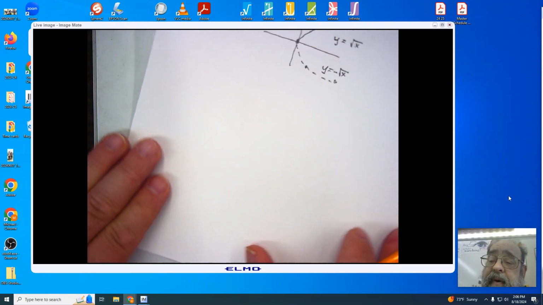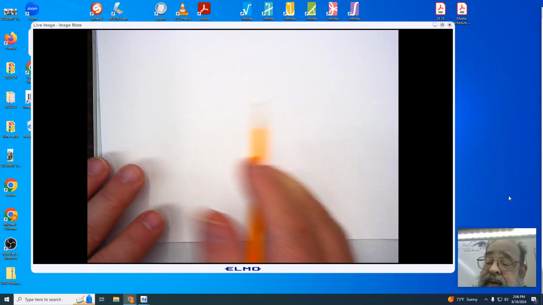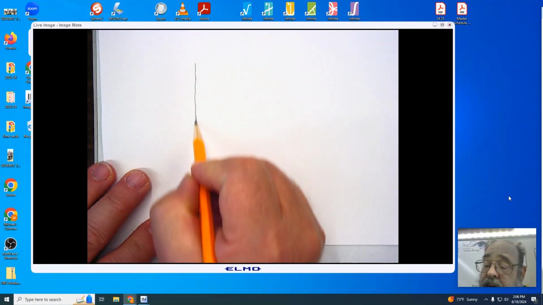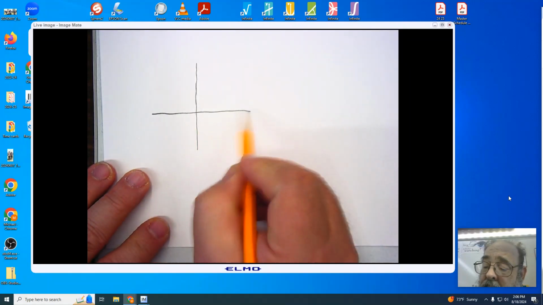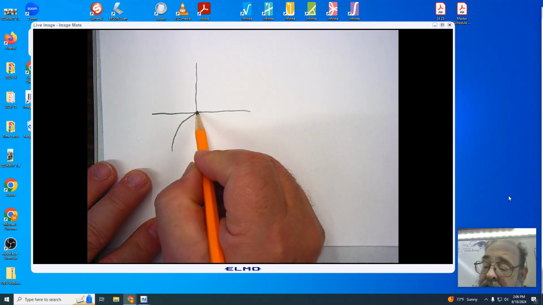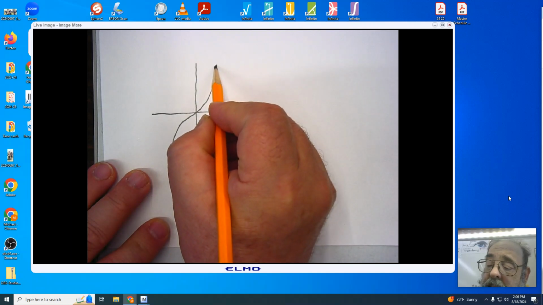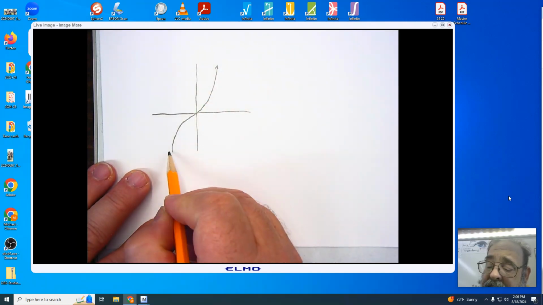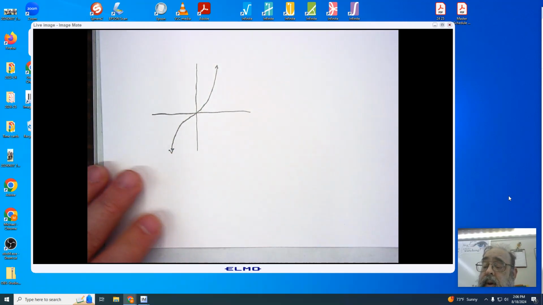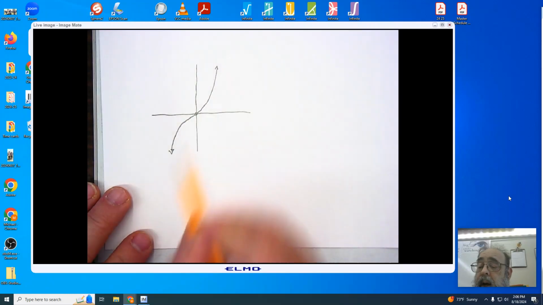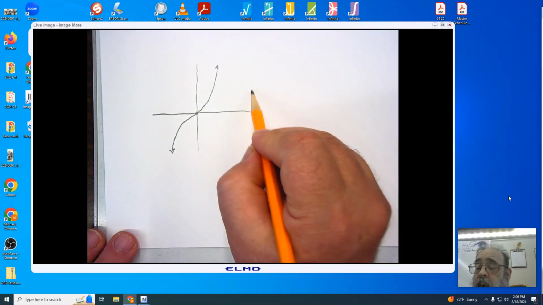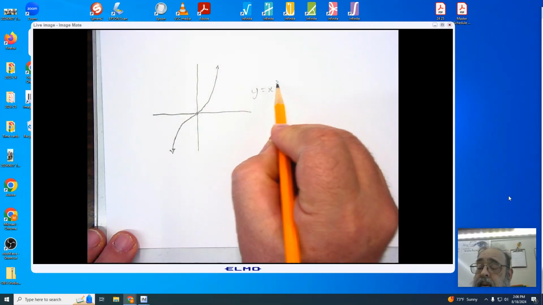Now, the functions that are the easiest to work with are the functions that are one-to-one. A straightforward cubic, for example, looks like a tangent but without the asymptotes. And what you'll notice is this is y equals x cubed.